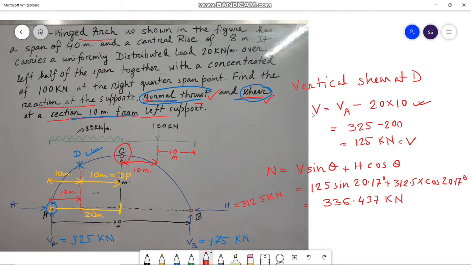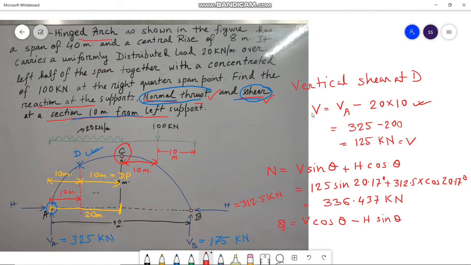And we have the shear, that is Q equals to V cos theta minus H sin theta.